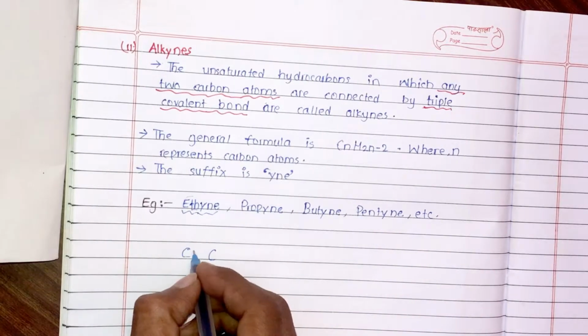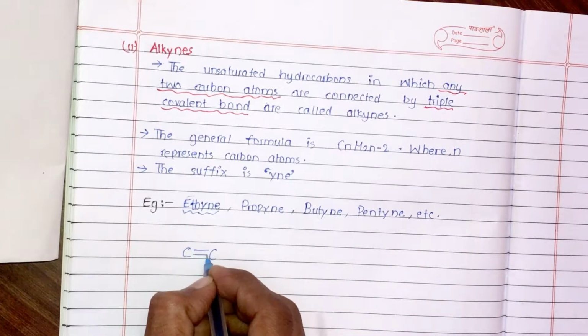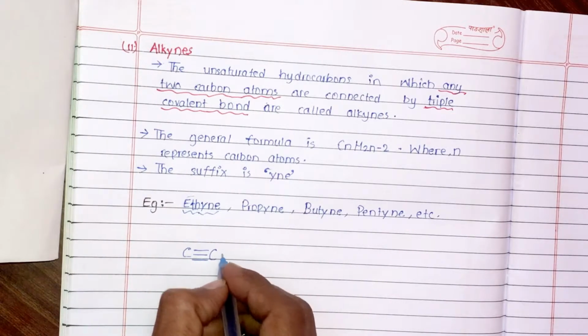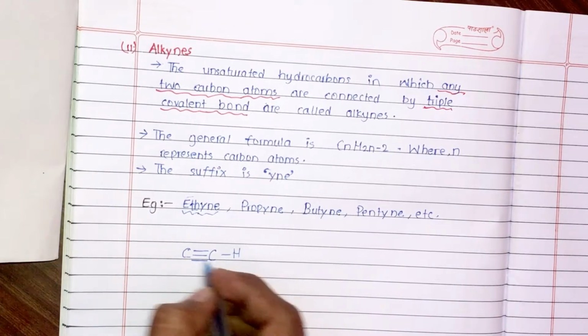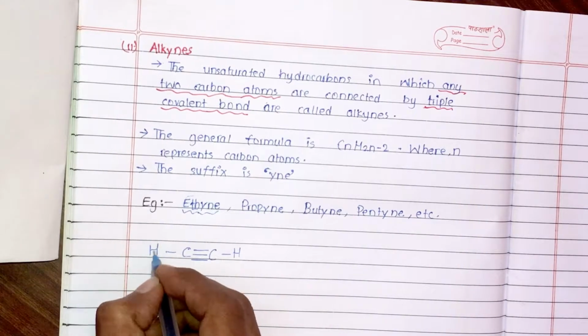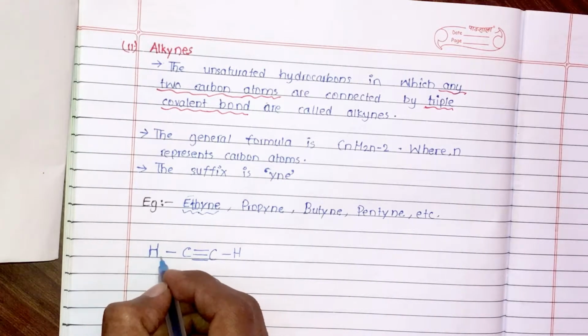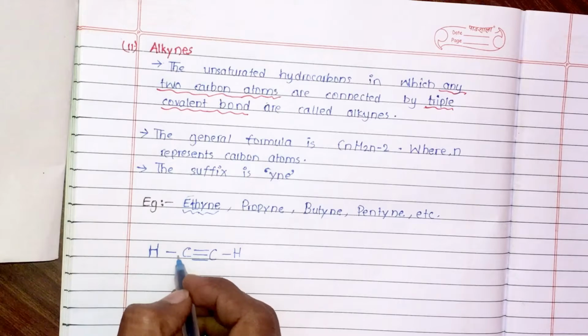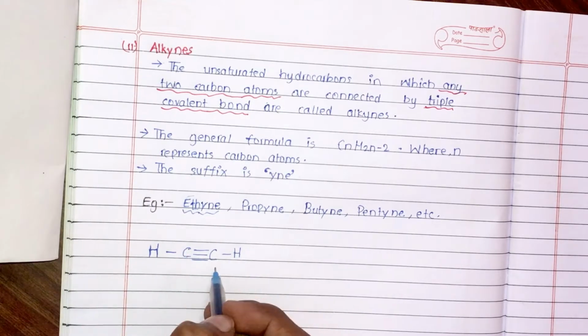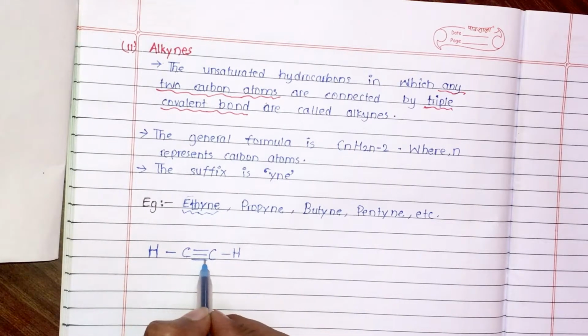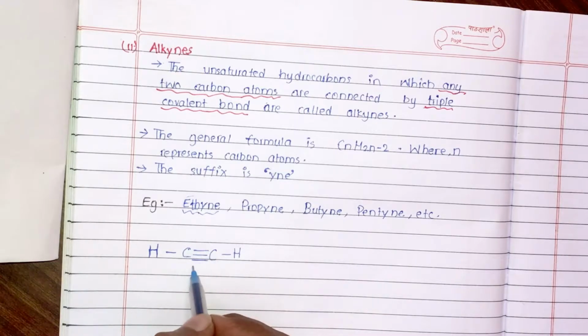So we draw here a triple covalent bond, and the remaining will be hydrogen, because we know that the maximum capacity of carbon to combine with other atoms is 4. So we have two carbons, with a triple covalent bond in between them, and hydrogen.